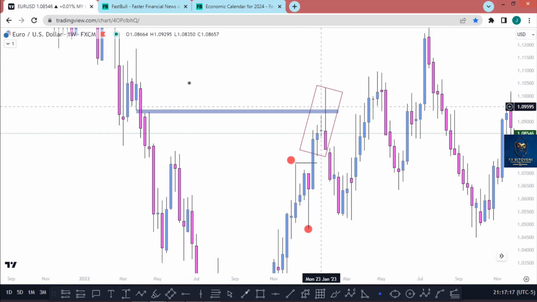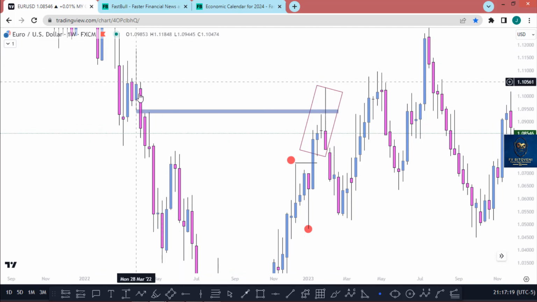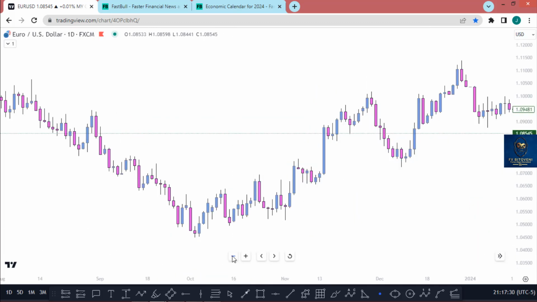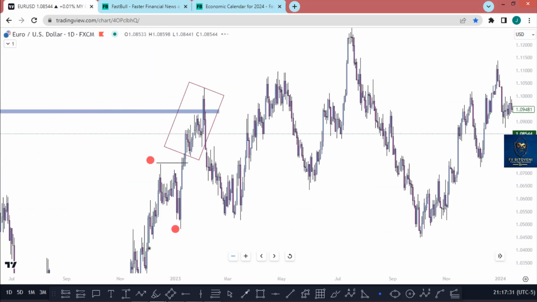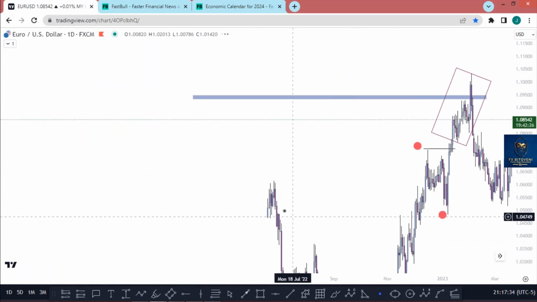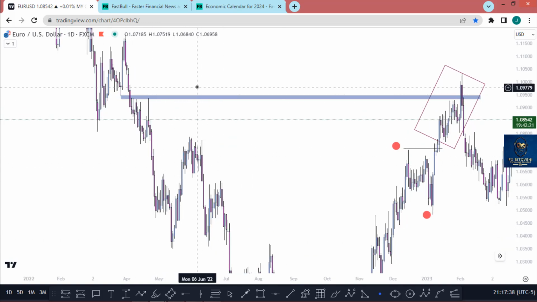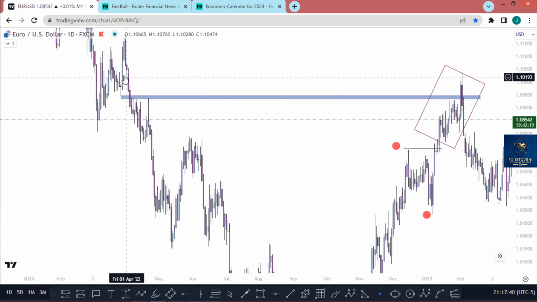If you go to daily and you see another imbalance resting here, you can use it. For example, if you go to daily, you can check if you can see another form of imbalance resting here. If you don't see it, no problem. As you can see, look at here, you have another imbalance resting here on the daily time frame.